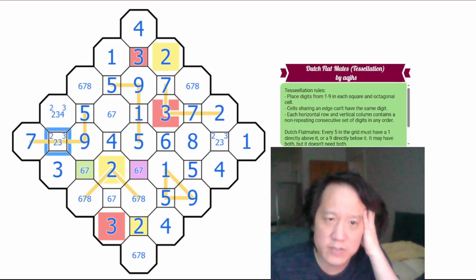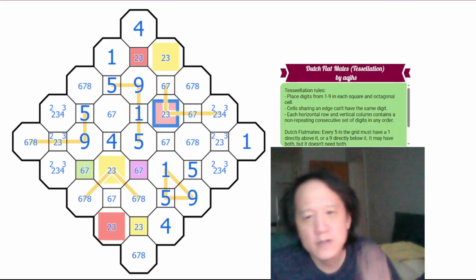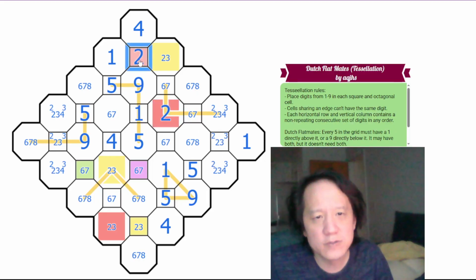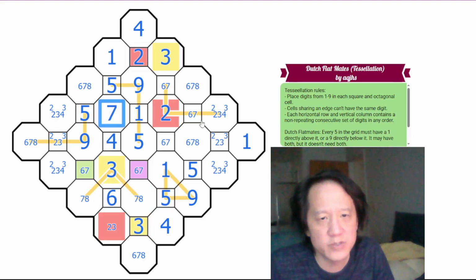Why can't it be 2 then? I don't think... So say this was 2. This is 2. This is 3. 3, 3. So this cannot be 6. Which would force this to be 6, this to be 7, this to be 6 here. 3 can only be next to 7 or 8.